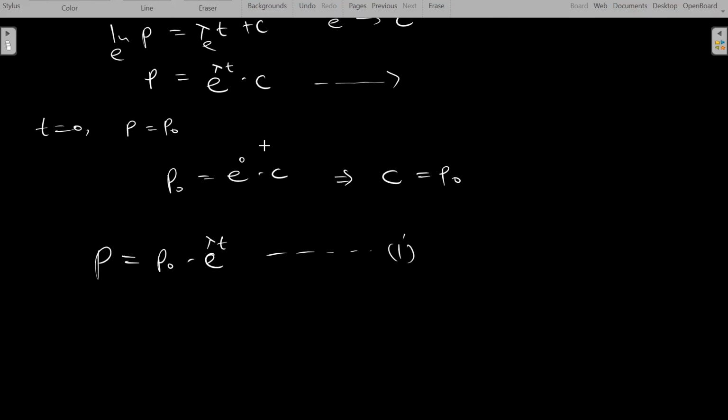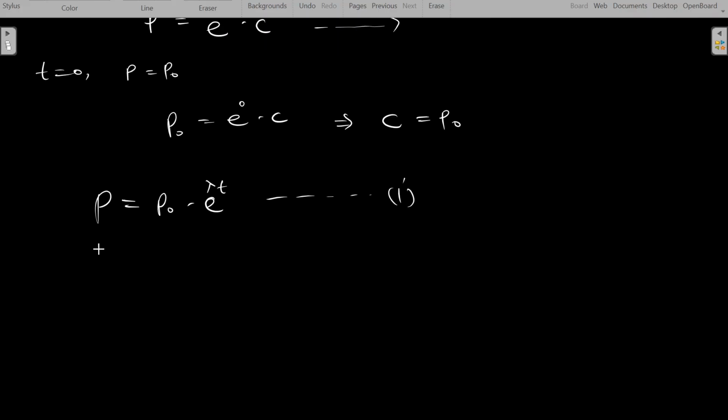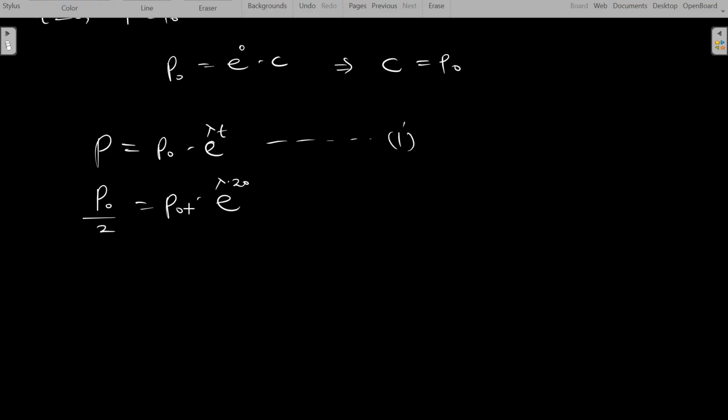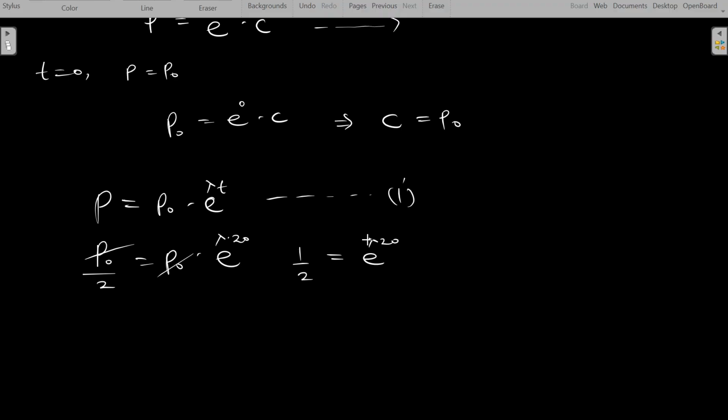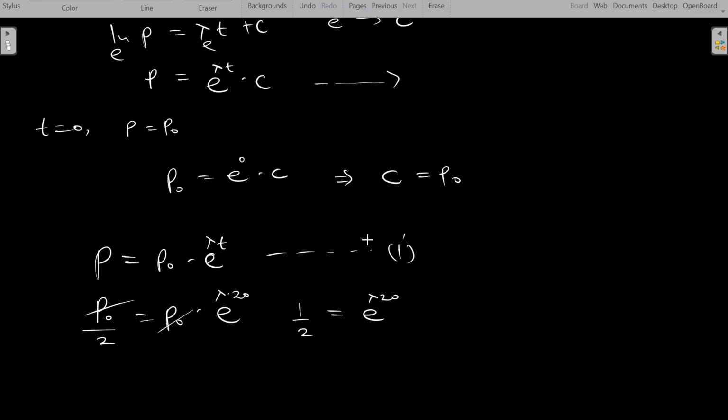So P should equal P0 divided by 2, which should equal P0 multiplied by e raised to lambda multiplied by the half-life. Okay, so we are trying to solve for lambda at this point, so this will cancel this. I will remain with a half, which should give me e raised to lambda 20 at this point.